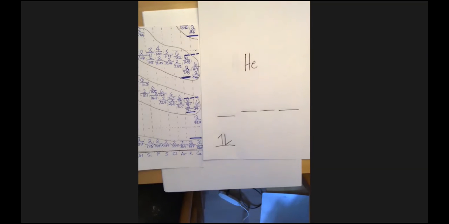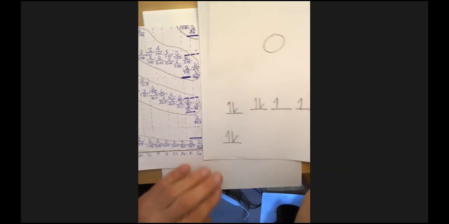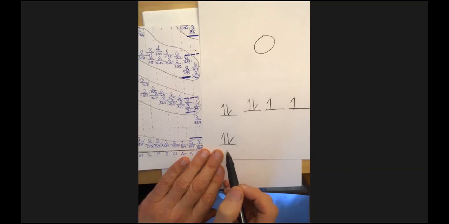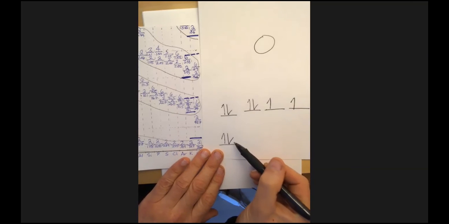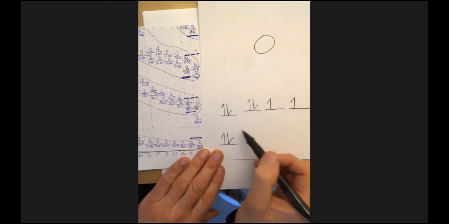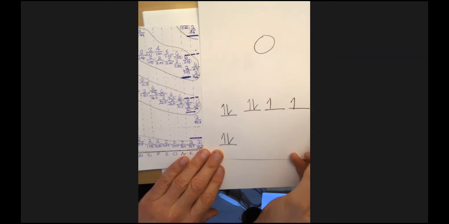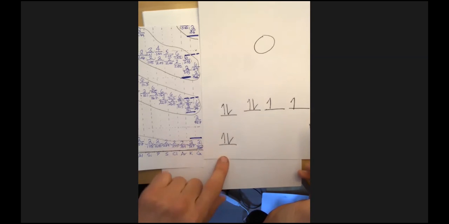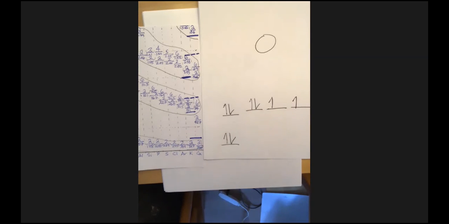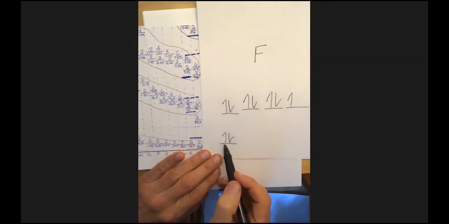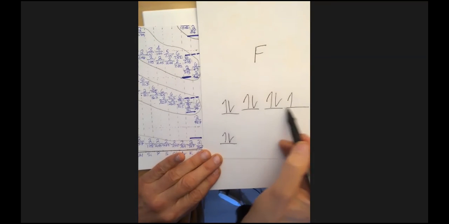We jump ahead a little bit to oxygen. Oxygen has 8 electrons, 2 in the 1s, 2 in the 2s, and 4 in the 2p. We know that as a neutral atom, oxygen has that particular configuration. And the next element over, fluorine, has 9 electrons, 2, 2, and 5 up here in the 2p.